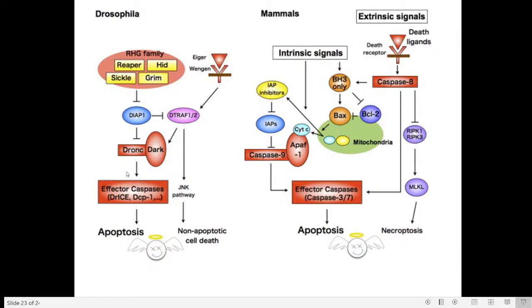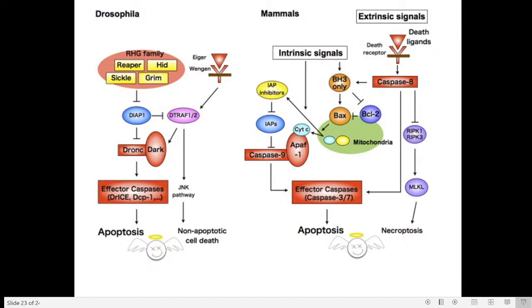These are the proteins and genes involved in that pathway. The effector caspases activate the cell death path, the apoptosis pathway. That may be activated by the JNK pathway. If there is JNK pathway activation, there is no apoptotic cell death. That is a very, very important thing to understand: if JNK pathway activation happens, there is no apoptosis in Drosophila.